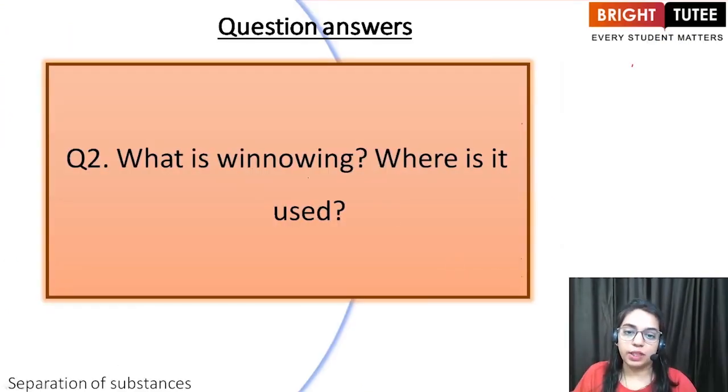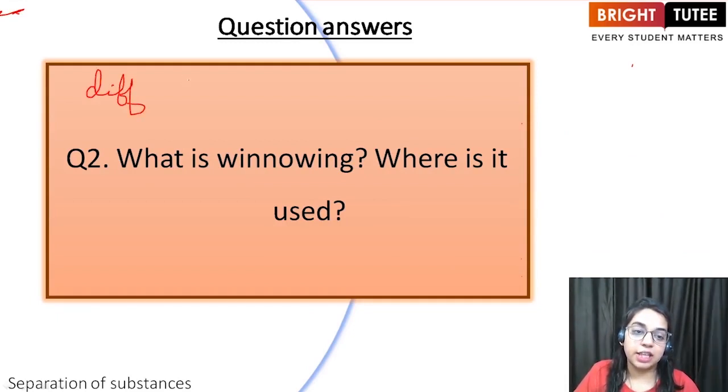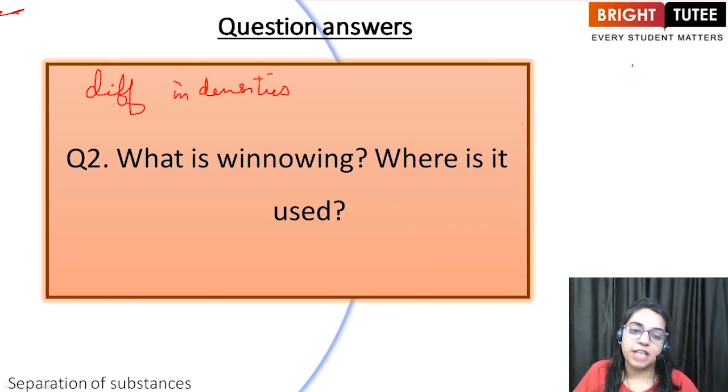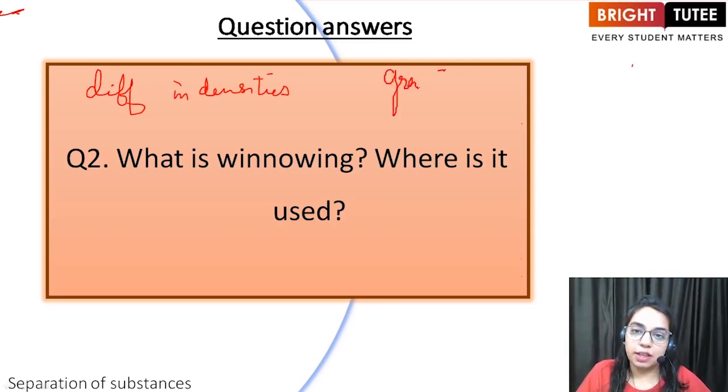Next question is, what is winnowing? Where is it used? So children, winnowing is the process wherein we use the property of difference in the densities of the substances that we need to separate, okay? Suppose we have a mixture of grains, and we all know with grains there are also husks which are present there.